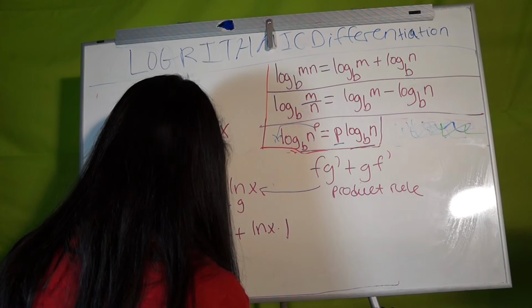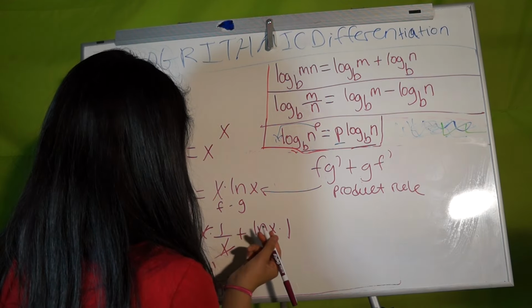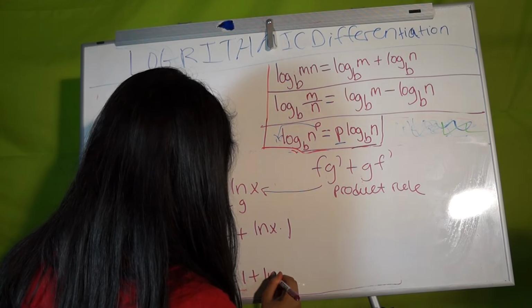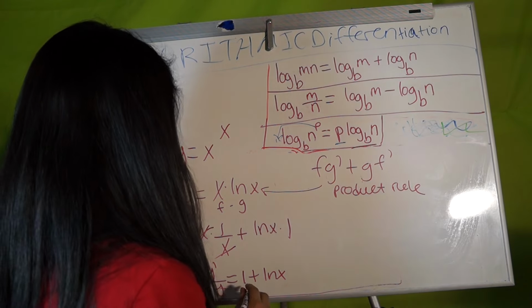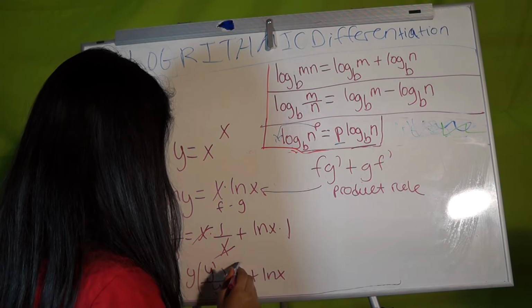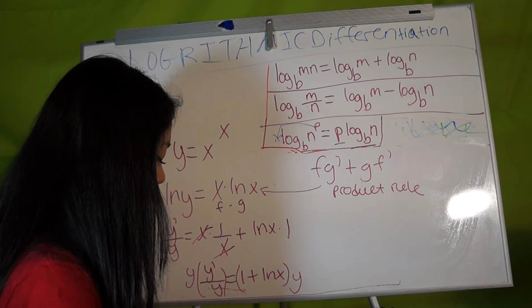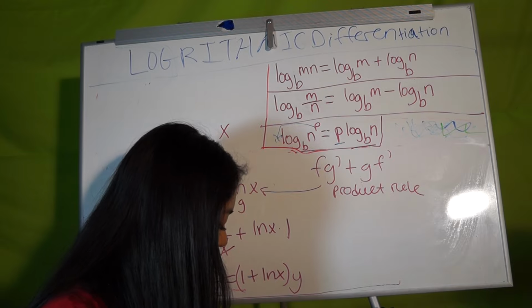Basically, we're going to solve this. So it'll be y prime over y equals x times 1 over x; this cancels, so it's just 1 plus ln x. And then after that, we're going to multiply both sides by y, because I hate fractions. So in the end, we'll be left with this beautiful equation.